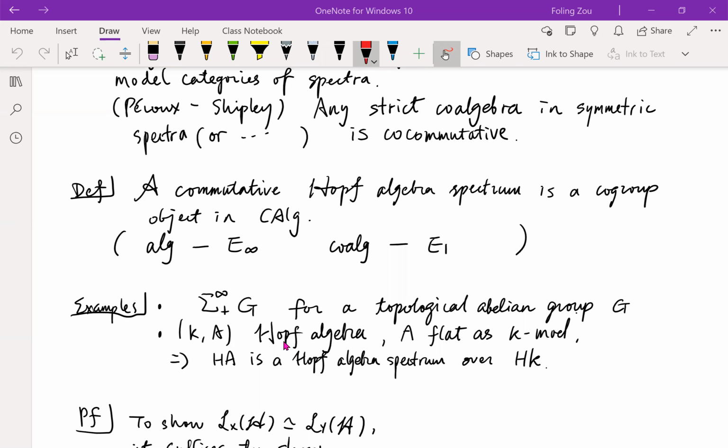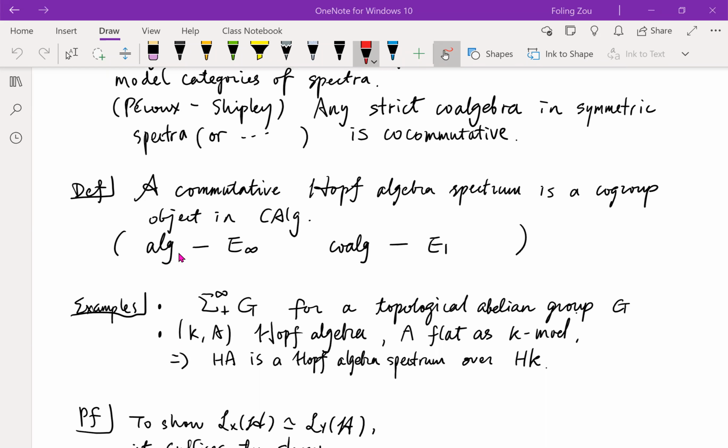And if we have a Hopf algebra like above, and A is flat as a K-module, then H of A is a Hopf algebra spectrum over H of K. So in theory, a commutative Hopf algebra spectrum is more general than these two examples, for which the stability results are both known.